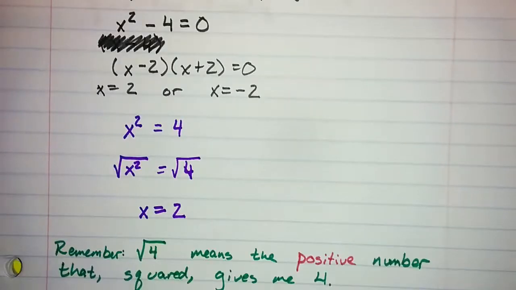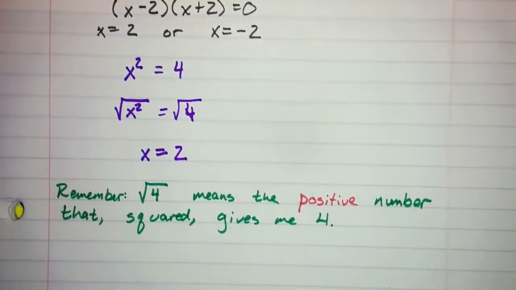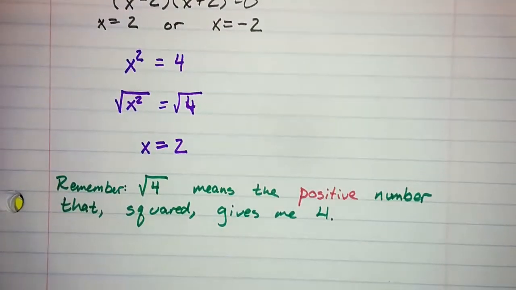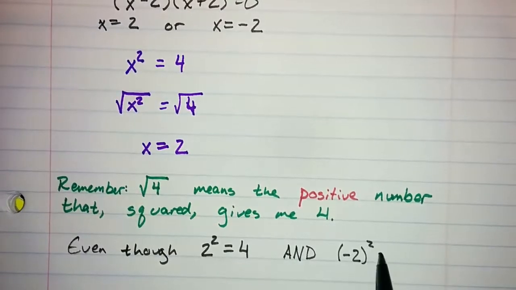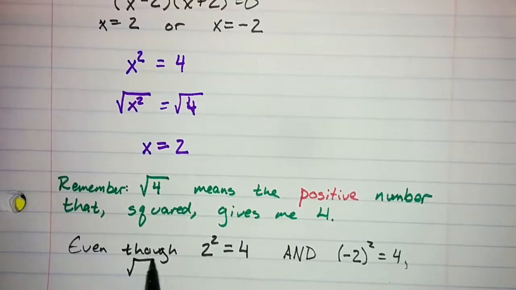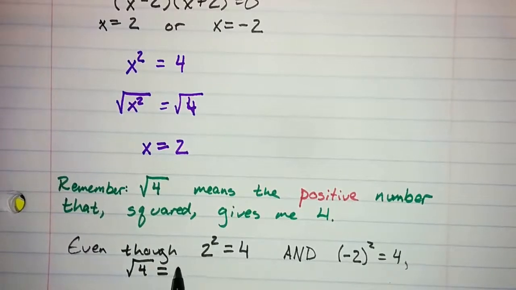The square root of 4 means the positive number that when I square it gives me 4. So even though 2 squared equals 4 and negative 2 squared equals 4, the square root of 4 is just positive 2.